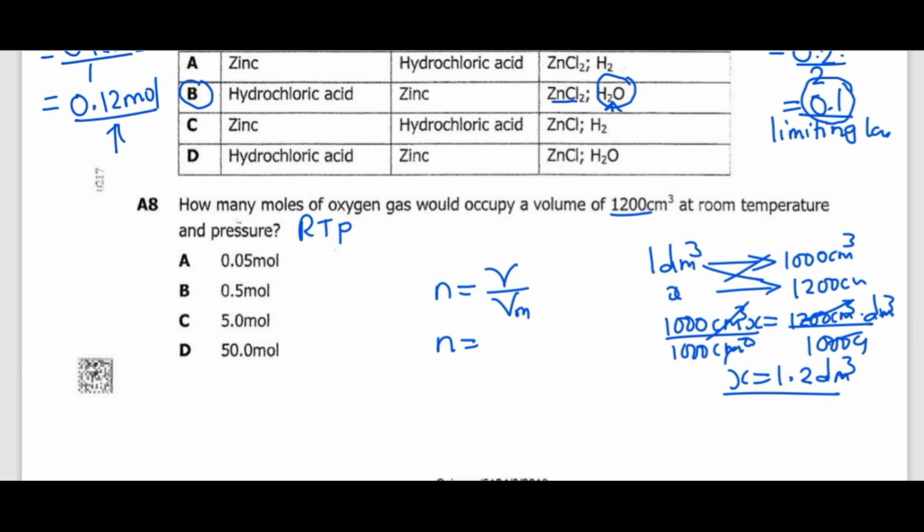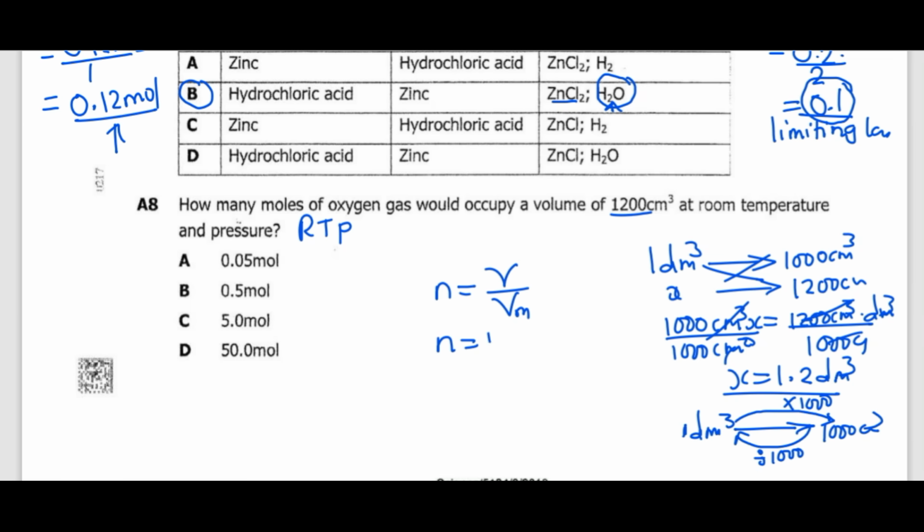The point here is, if you have 1 decimeter cubed, the conversion is equal to 1,000 cubic centimeters. So if you are converting from decimeter cubed to centimeter cubed, multiply by 1,000. The reverse is also true when converting from centimeter cubed to decimeter cubed: you just divide by 1,000.